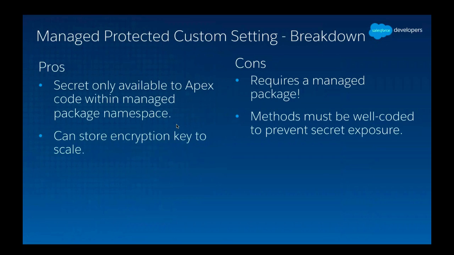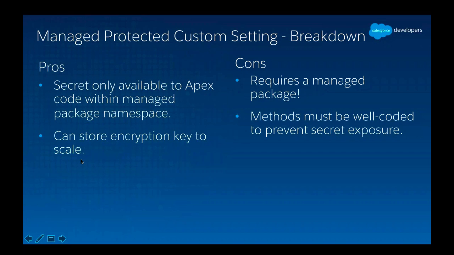What are the pros and cons of this particular method? Now, this is the best standard method that we recommend in order to store the secrets. The pros of this method are the secrets are only available to Apex code within the managed package namespace. The users of your org where you're developing the code won't have access to those secrets, which is what we want.